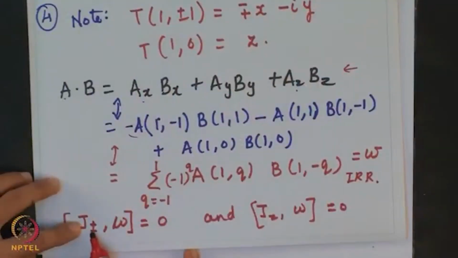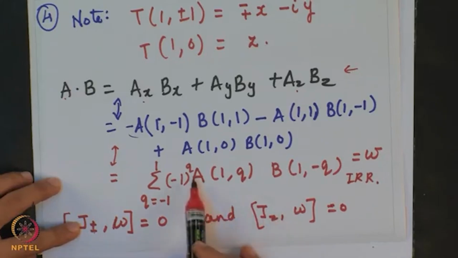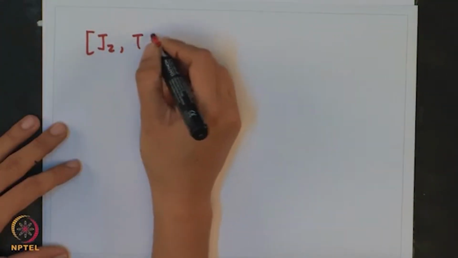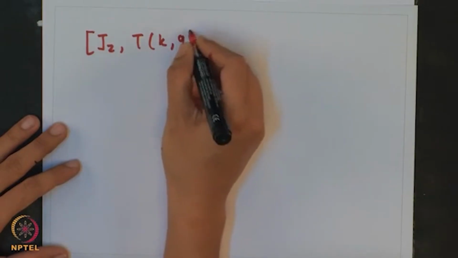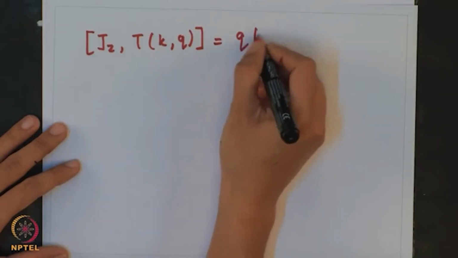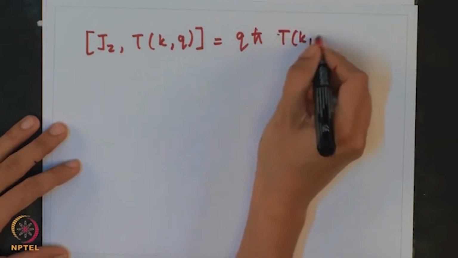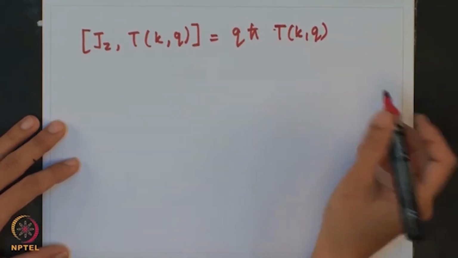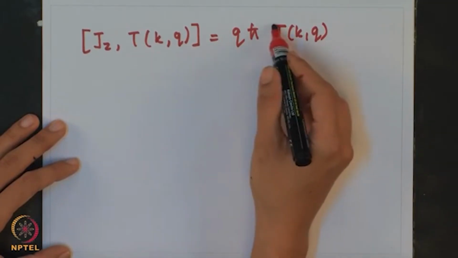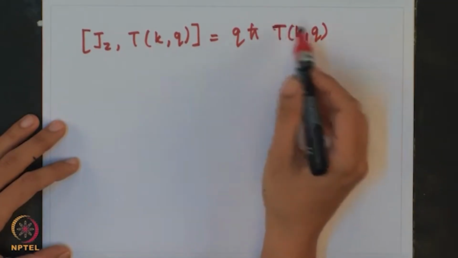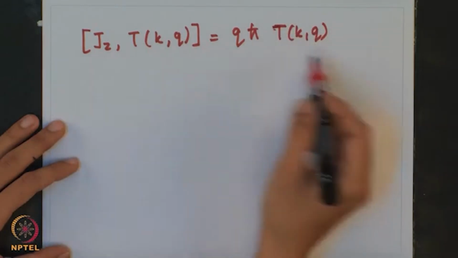But to do this job, you should know the commutator of J plus, J minus and Jz with these irreducible tensors. So, I will give you another hint which would make your problem much simpler. So, this is the commutator of J with T k comma q, equal to q h cross times T k q. We have come across this before also, you have seen this in problems where we have linear operators, and we discussed these kinds of commutator brackets.